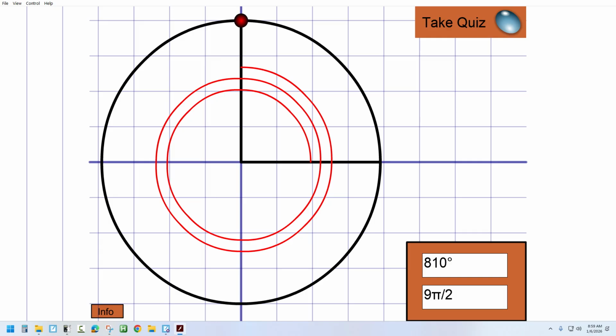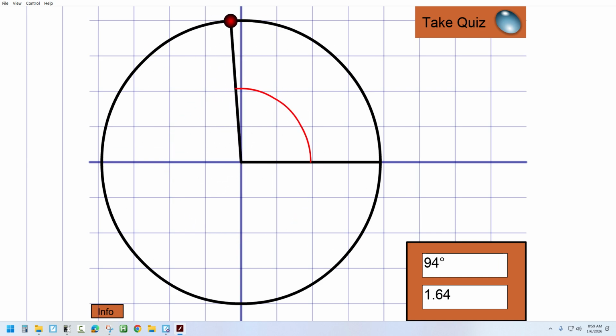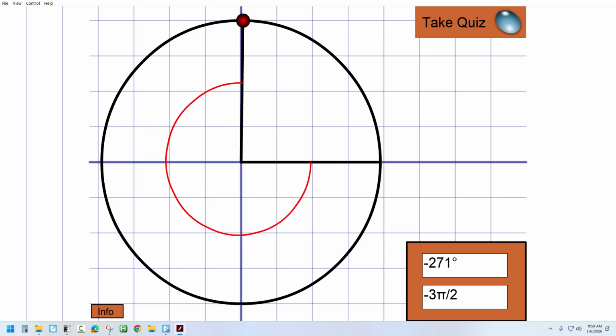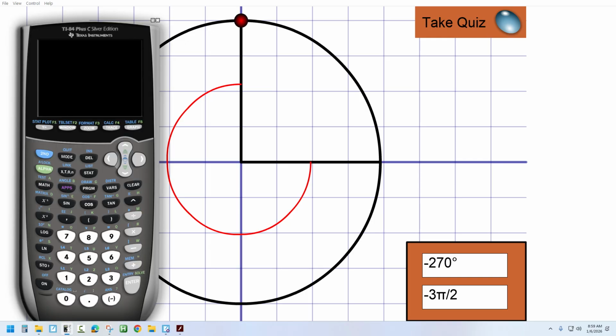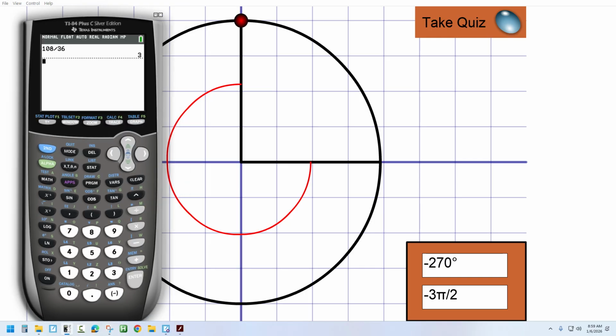And if I go around the other way, to get from 810 to 450, or from 450 to 90, or from 90 to negative 270, I'm subtracting 360. So when you add or subtract 360 to an angle, it finds an angle that we say is coterminal. Okay, so let's pick one of the angles that we just did. Let's pick 90.